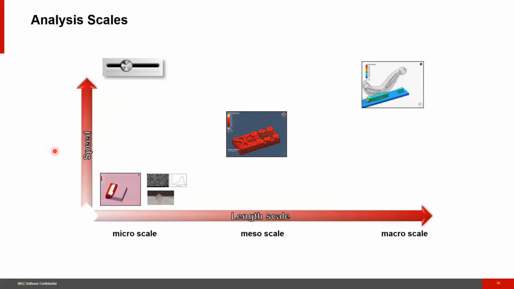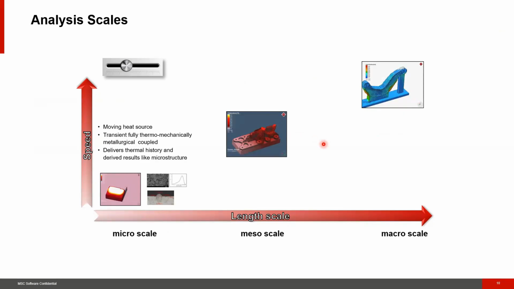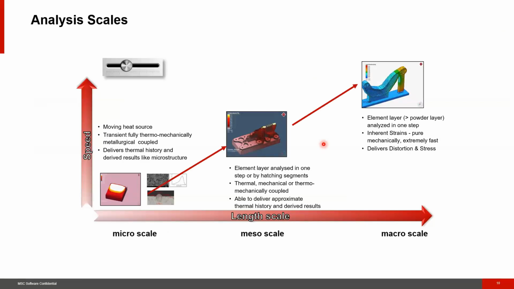Analysis wise, in the numerical method, we have different scales at which we can analyze. First is the macro scale, which is something like a mechanical analysis.